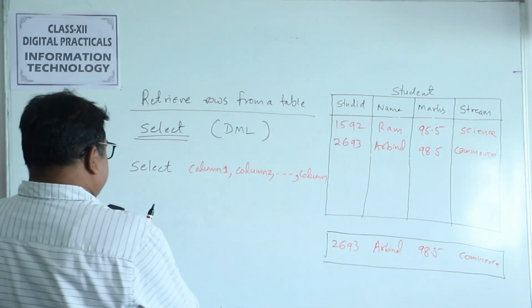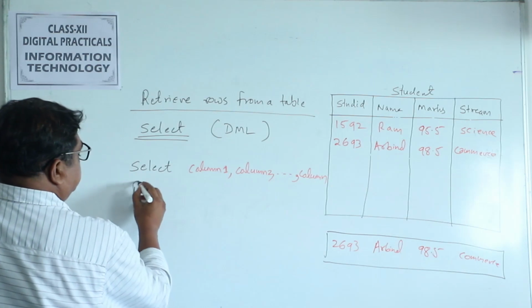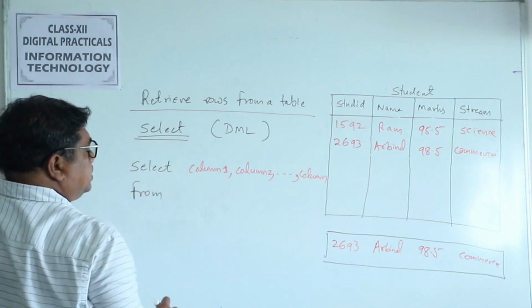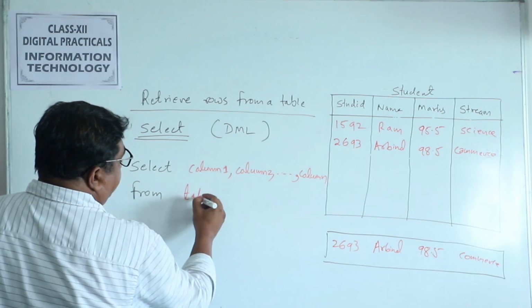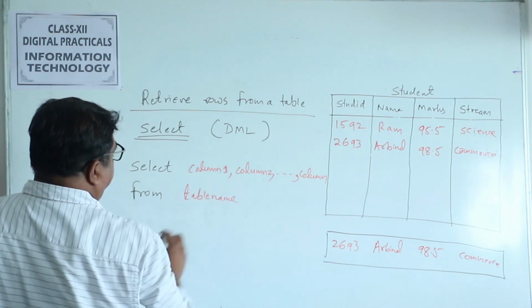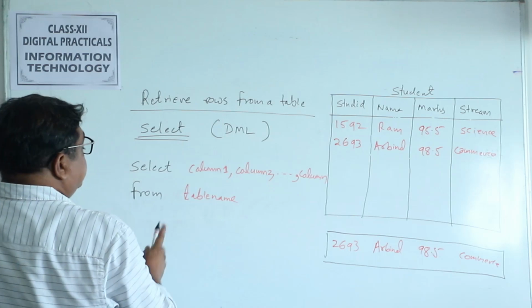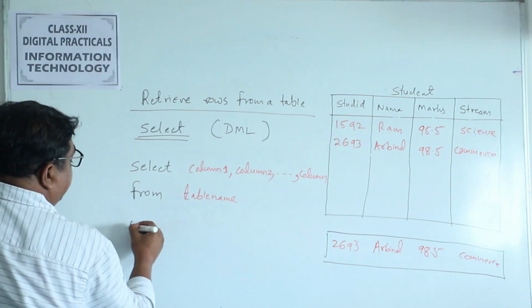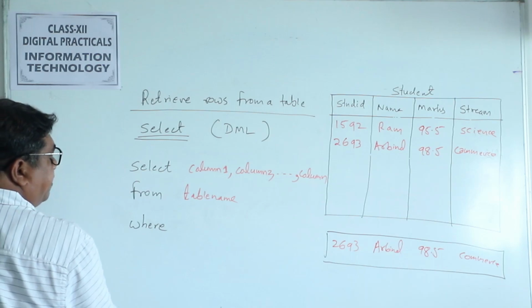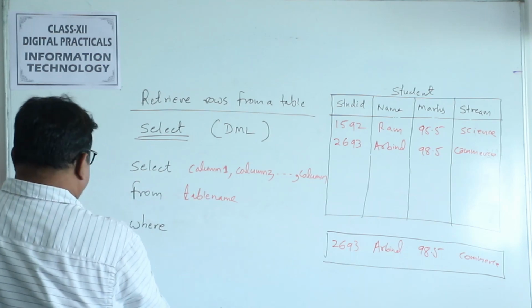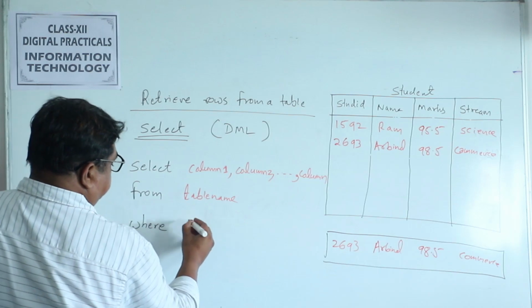Then we have a keyword from, then we have the table name, and we have another keyword where, and we specify a condition.